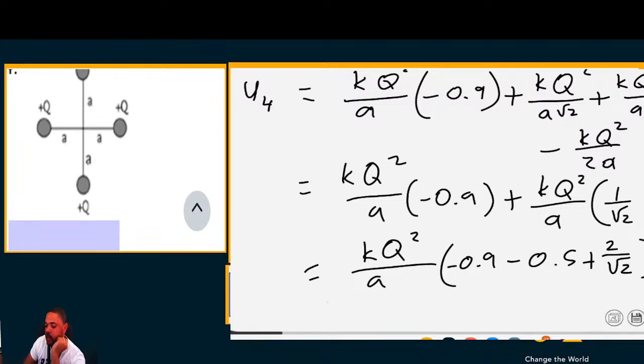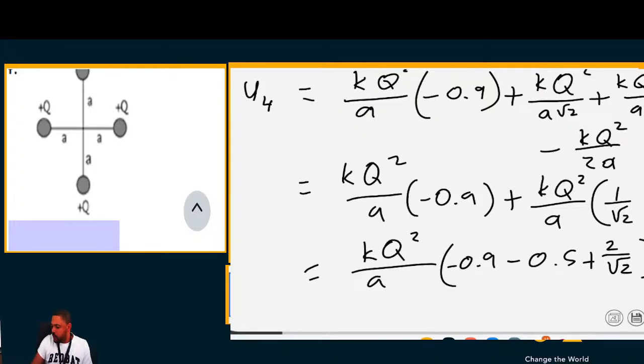And that, ladies and gentlemen, gives you a positive value, if I'm not mistaken. Or rather, let me see. It should give you 0.9. 2 square root 2 should be 1.4 then. Let me check.